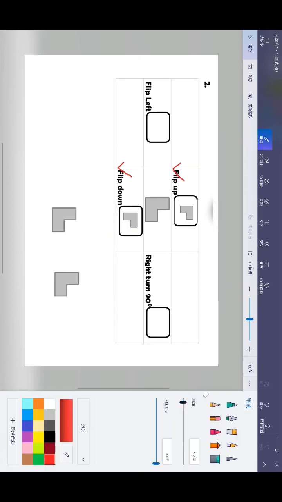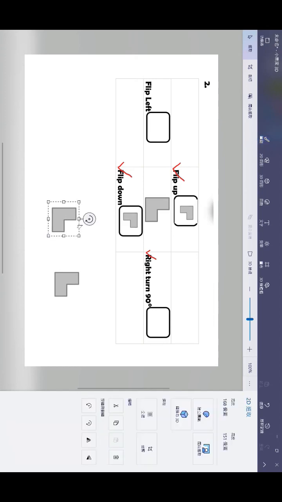So how about if we turn it 90 degrees to the right? How does the shape look? We choose the shape and then we rotate it to the right for 90 degrees. It becomes like this. Okay, make it smaller and put it in the box.